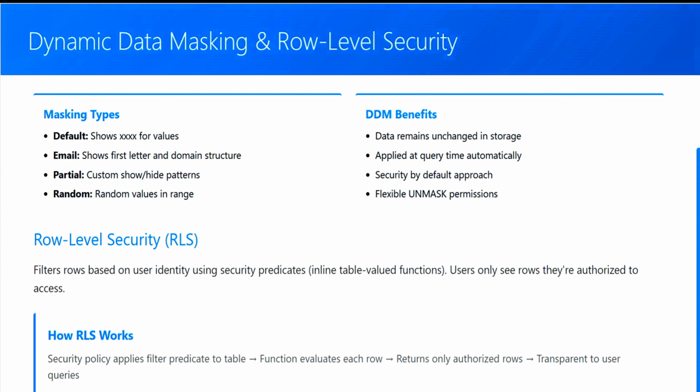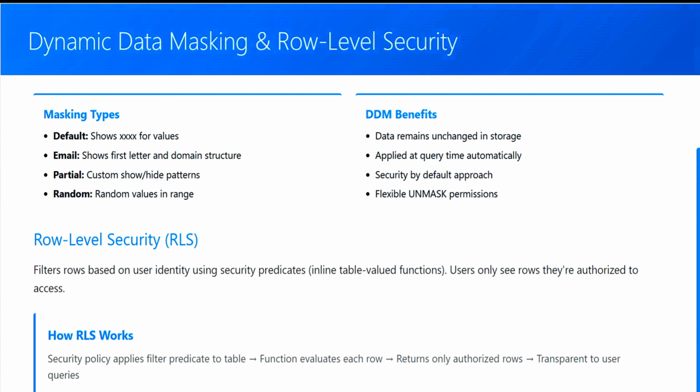Then there are different masking types. Like the default mask, which is great for things like phone numbers. There's an email mask, which shows the first letter and the domain structure but hides the actual address. And there is even a partial mask, where you can specify exactly how much to show, like showing the first letter of a name followed by some Xs.